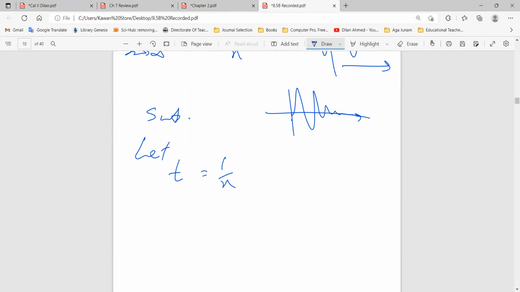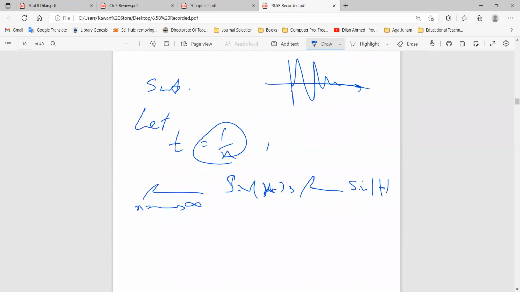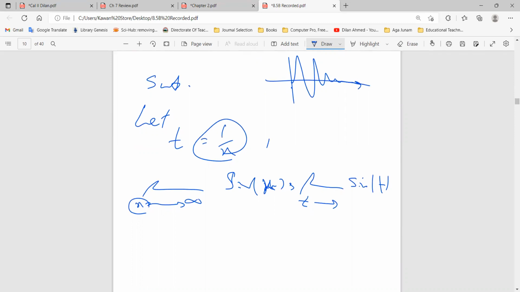Why? Because I know if x approaches infinity, sine of 1 over x, I can change it to something, sine of t. That one is easier, right? So 1 over x is t. Now we should change x to t here, right? So if x approaches infinity, 1 over x approaches where? 0.